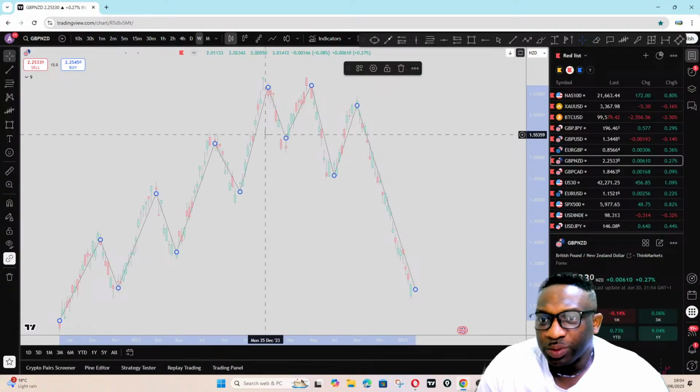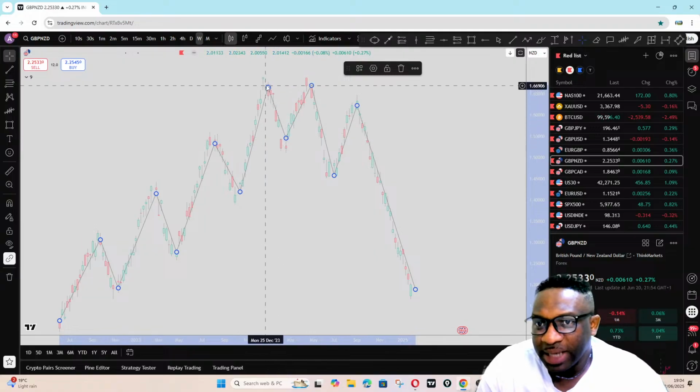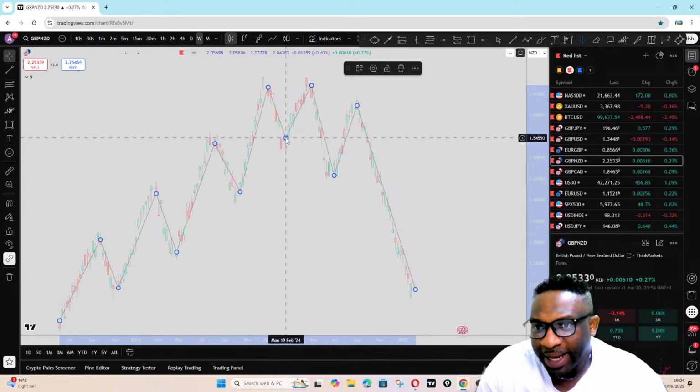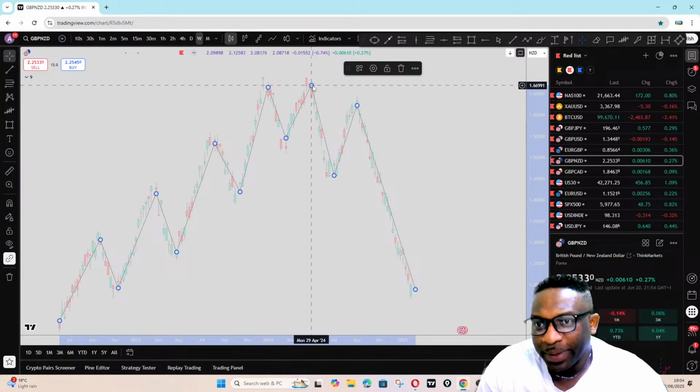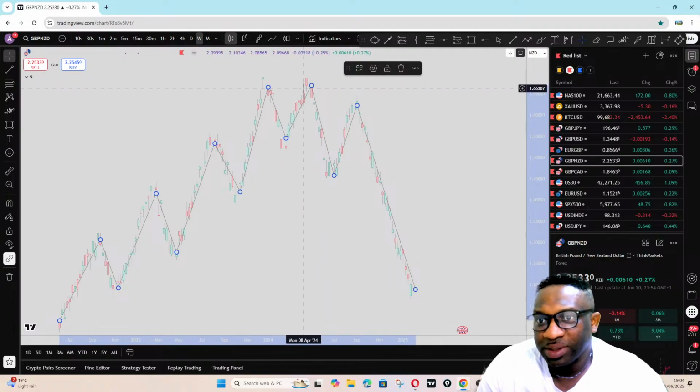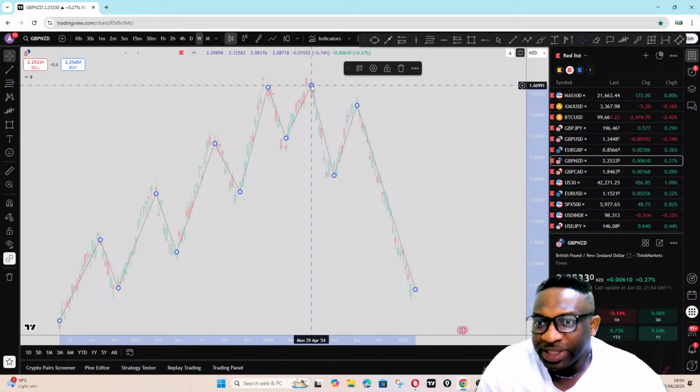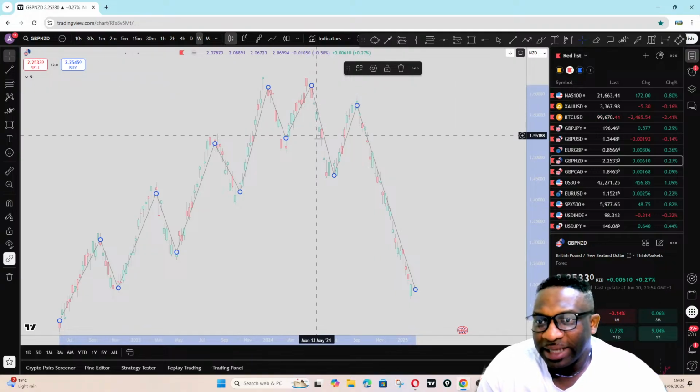So it got to this point where price made this higher high here, came to this point, made a higher low, pushed up again, traded to this equal high, creating what is normally referred to as a double top, or M. From this point on, we had a shift, or what is known as a change of character.